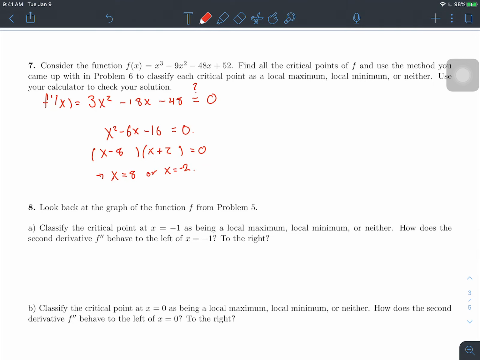And if we want to classify them as minimums or maximums, what we're going to do is the following. I'm going to put a little number line here. On my number line, I'm going to put my 2 points. Here's negative 2. And here is positive 8. And I want to know how f prime behaves in each sub-interval.